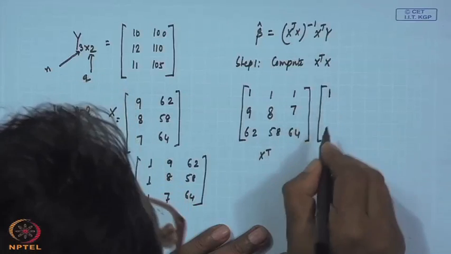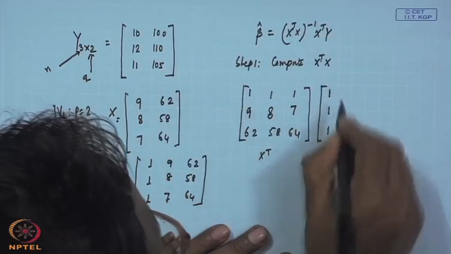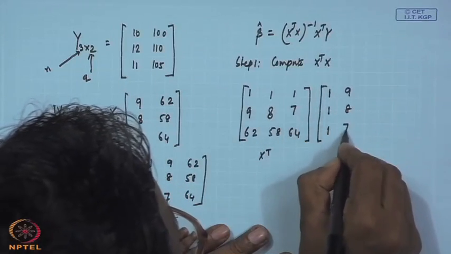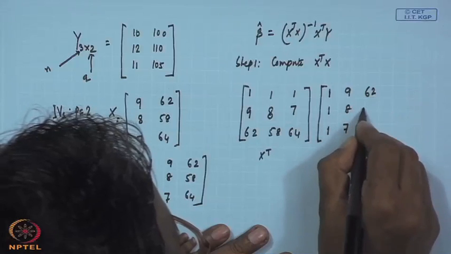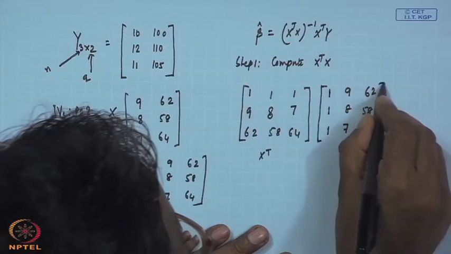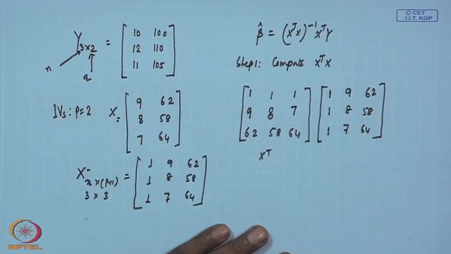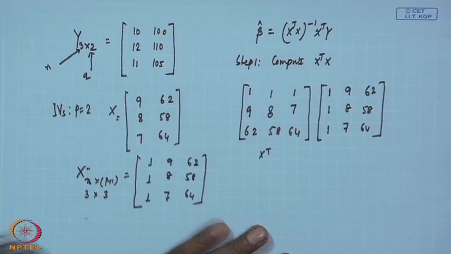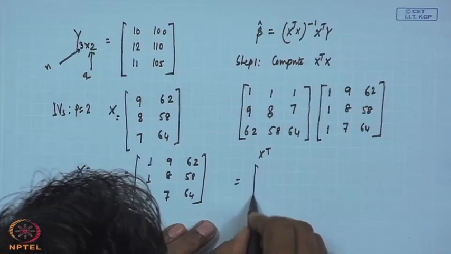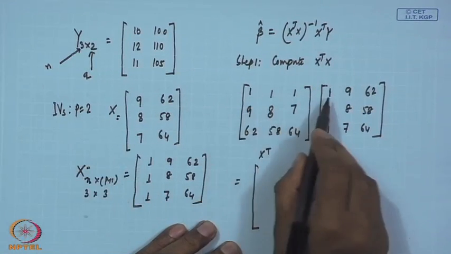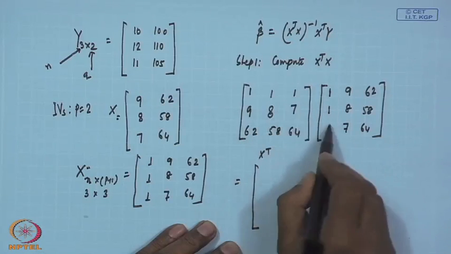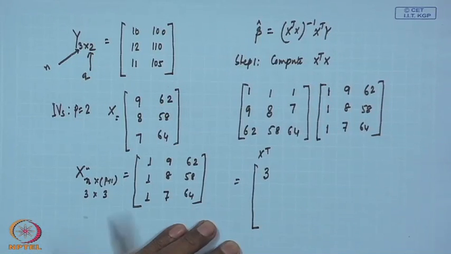X matrix is 1 1 1, 9 8 7, 62 58 and 64. If you multiply this, what will you get? 1 into 1 plus 1 into 1 plus 1 into 1. So this will be 3.